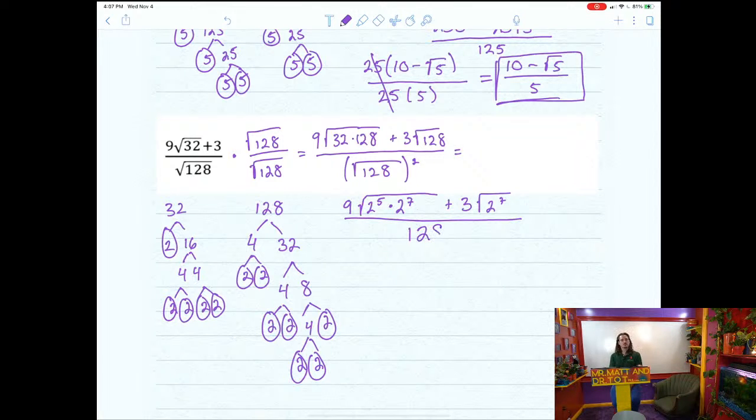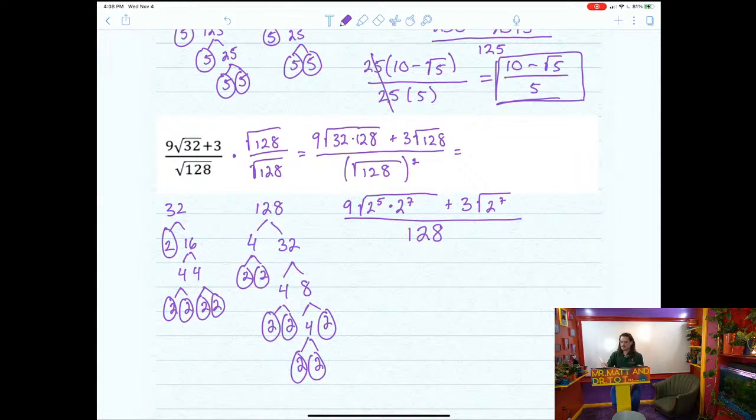Notice underneath of the radical, we have common bases raised to exponents and we're multiplying. It doesn't matter that these values are underneath the radical sign. We still have common bases and we're multiplying, so we can use the rules of exponents where we keep the base and add the exponents to get the result.